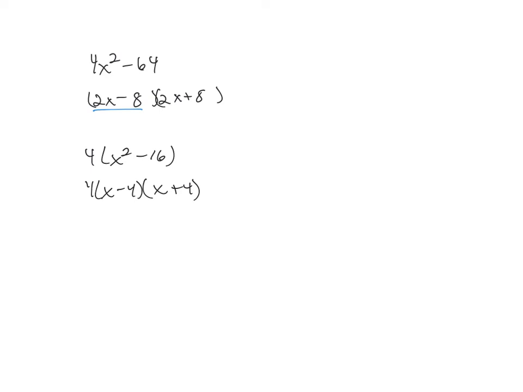And so if you don't recognize that at the beginning, and you wrote 2x minus 8 and 2x plus 8, and then you went, oh, I'm not supposed to have anything in common. Well, in this first one, I could take a 2 out, and then 2 divided by 2 is 1, and 8 divided by 2 is 4. I could take a 2 out of that one also.